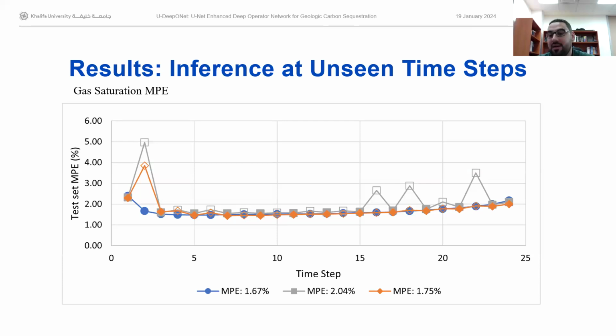No, we cannot extrapolate at all. If you notice here, we include the last two time steps in the training, because of how we did it: we pick the first one and then we skip one. We always skip one. If we did that all the way, we would have to leave the last one out of the training data set. If we did that, the error would shoot up to 10%.